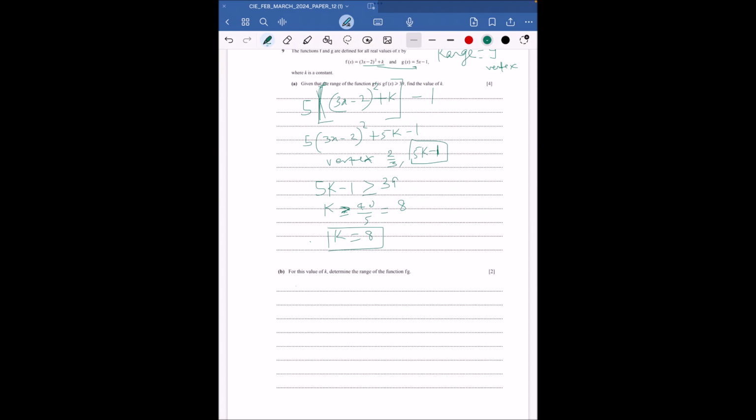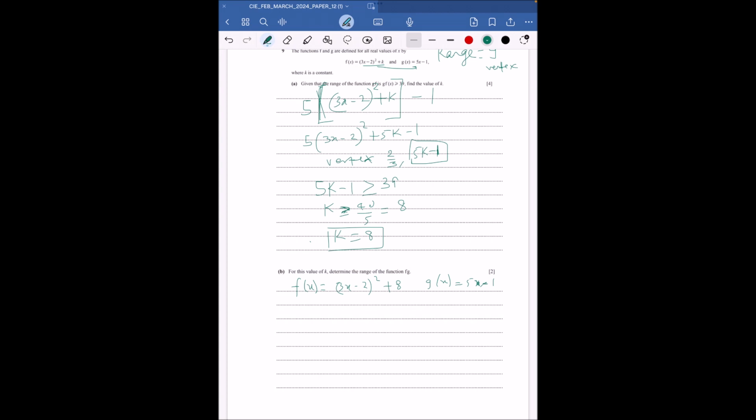To my equation, so f of x now is 3x minus 2 squared plus 8, and g of x is 5x minus 1. Okay, so we'll put g in f.